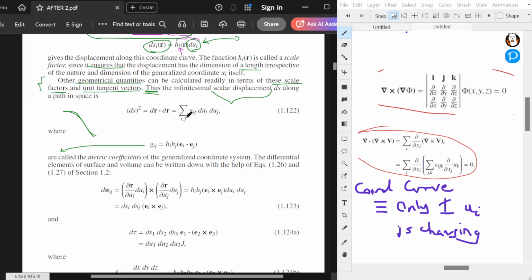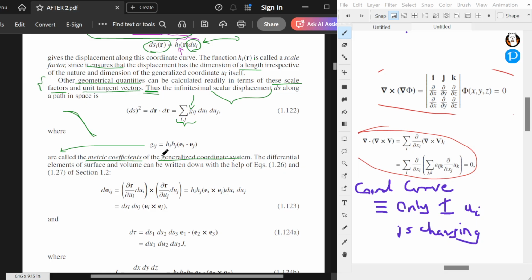This is saying r because there's a summation there, so there are multiple terms there. Where these are called the metric coefficients of the generalized coordinate system.